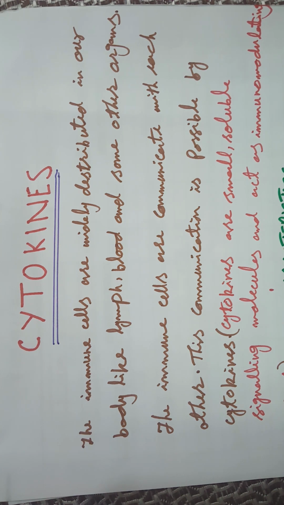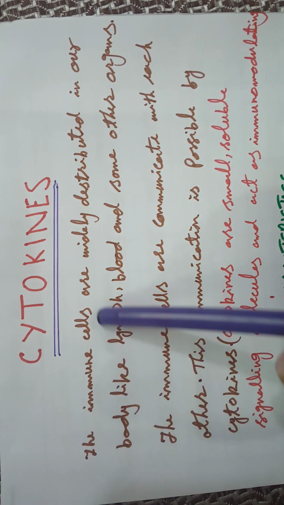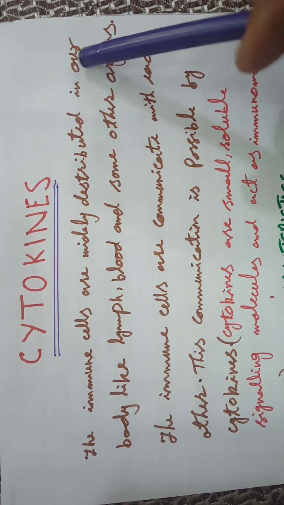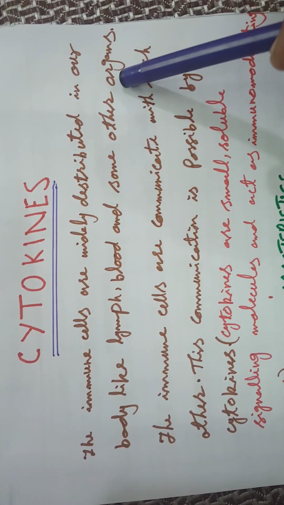A cell can be activated in three ways: by neurotransmitters, by hormones, or by cytokines. Cytokines are small signaling molecules. As you know, the immune cells are widely distributed in our body, like in lymph, blood, and some other organs.